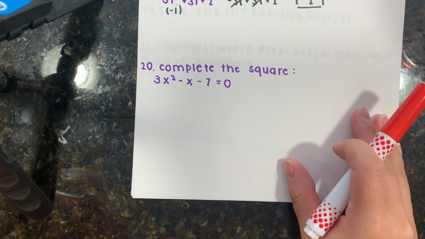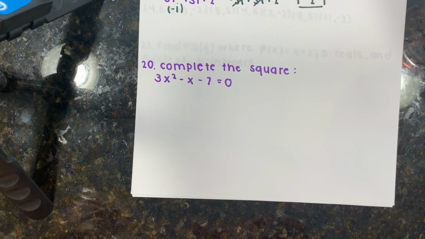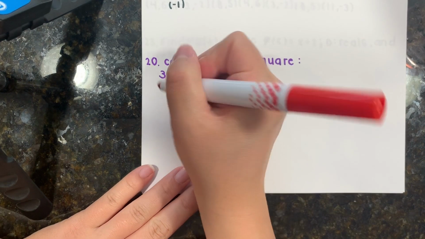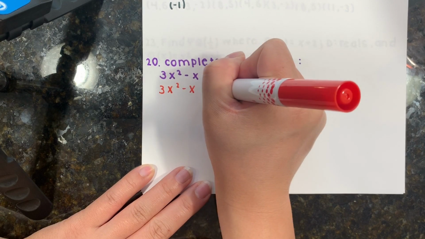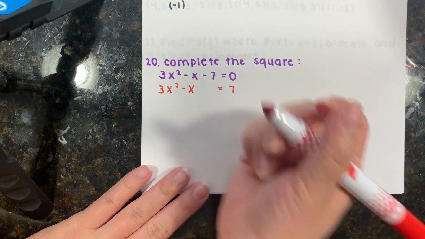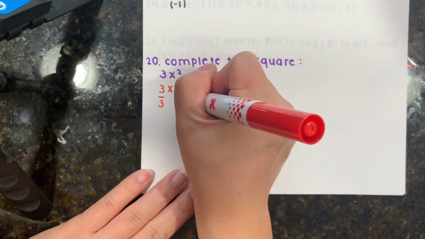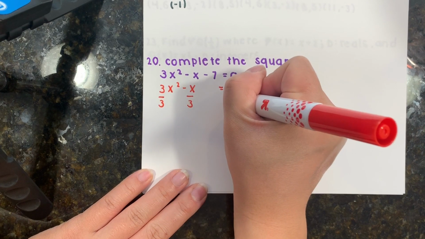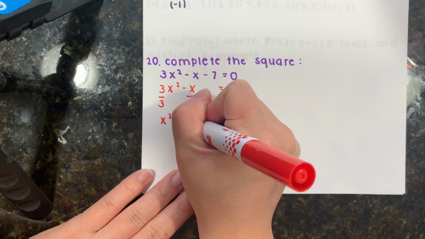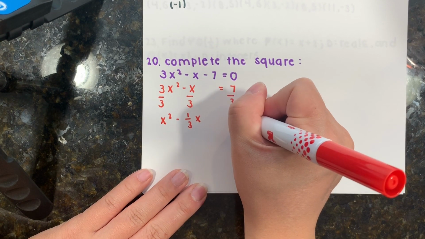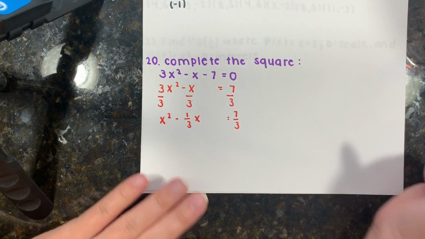Now for number 20, solve by completing the square. I need to start by moving the 7 to the other side. And then I have to divide anything that's attached to the x squared. So I get x squared minus 1/3 x equals 7/3.